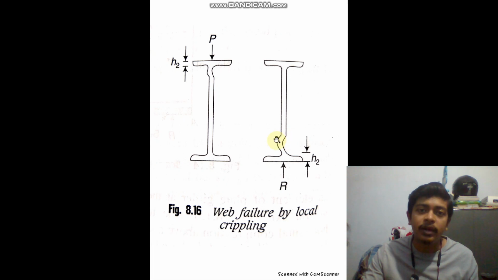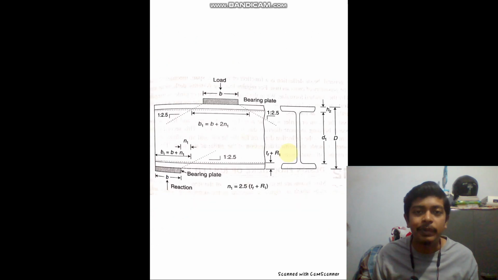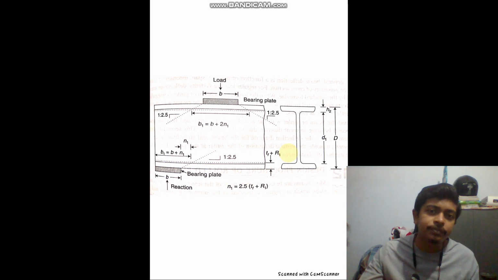So the web cannot actually handle this load and it ultimately cripples, and that way it fails by web crippling. So we have to check whether our beam is susceptible to fail by web crippling. How can we do that? It's very simple.